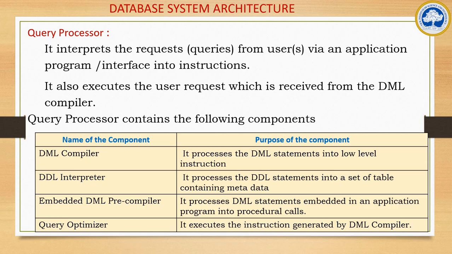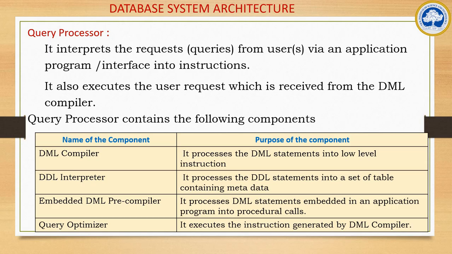The query processor contains the following four components: DML compiler, DDL interpreter, DML precompiler, and query optimizer. Each performs its own role. The DML compiler, as I already said, handles DML statements, which are low-level instruction manipulation languages.